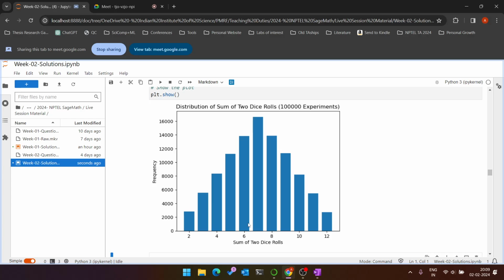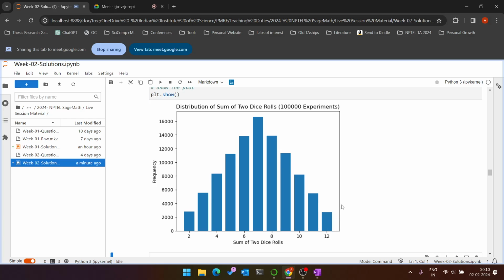So there are 6 different ways to obtain the sum 7. There are only 5 different ways to obtain the sums 6 and 8. There are 4 different ways to obtain the sums 5 and 9, and so on and so forth. There is exactly one way to obtain 12.